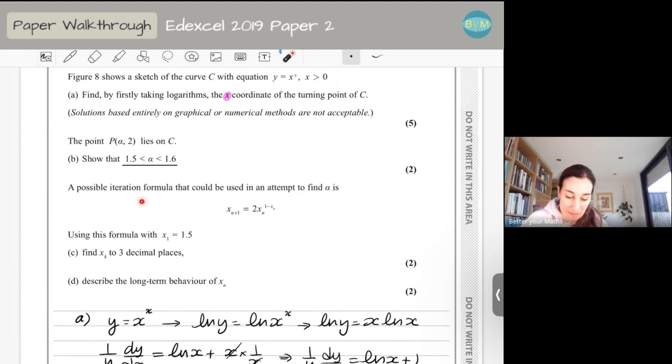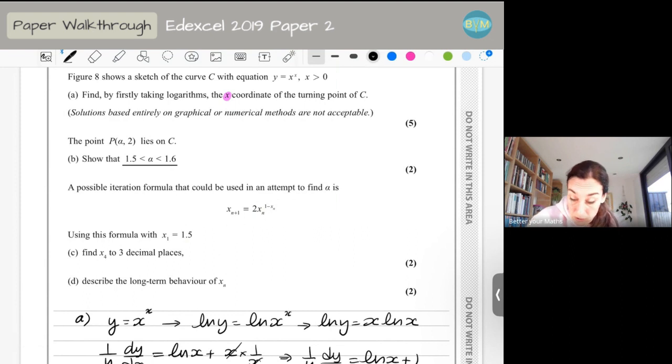A possible iteration formula that could be used in an attempt to find alpha is this one. Using this formula with x1 equal 1.5, find x4 to 3 decimal places. Calculator, remember to iterate. You do 1.5 equal, so it's already an answer, and then you write your formula, and instead of writing x, you write ans, because you are going to use your previous answer.